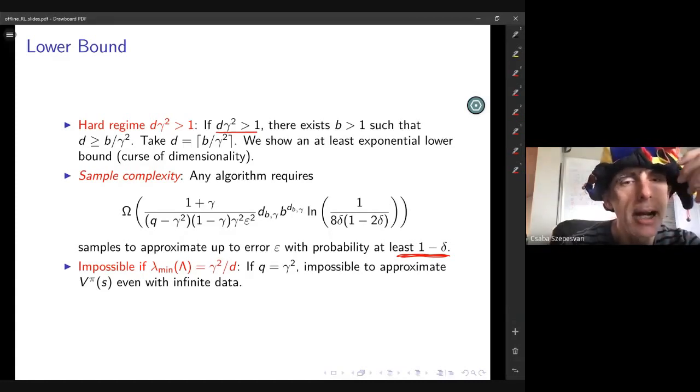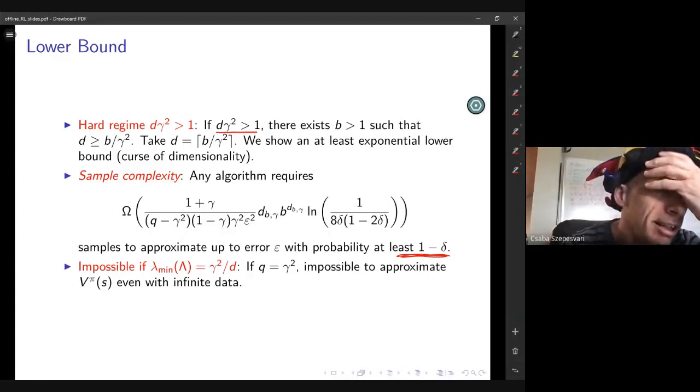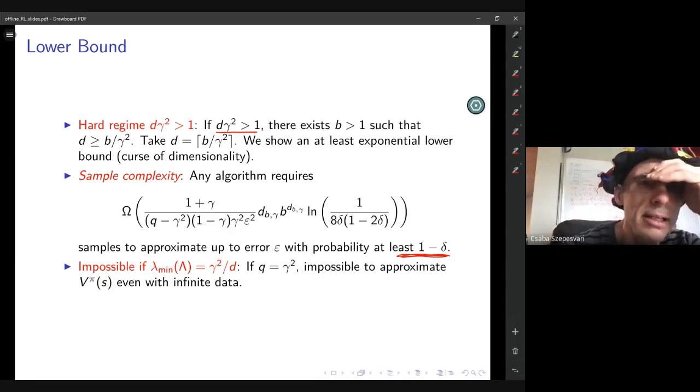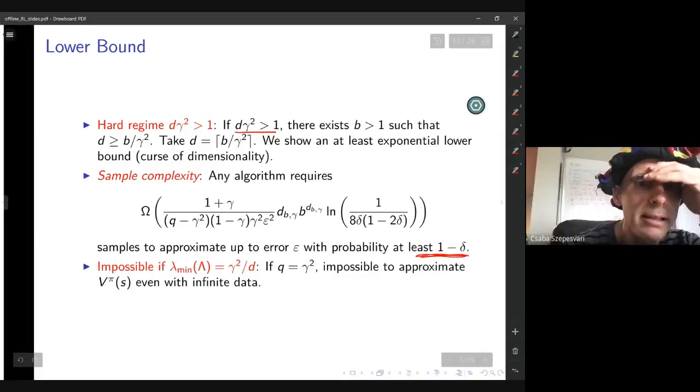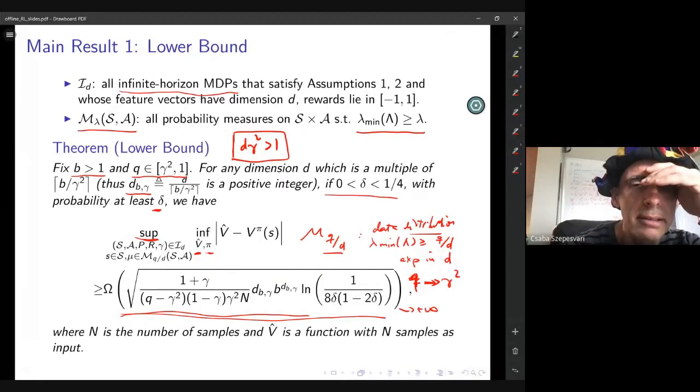And if we are on the error event, then the lower bound is high, or something. Can we go to the previous slide? Yeah. And if you are on a good event, what? I'm confused about this delta and 1 minus delta. I would expect to see 1 minus delta on both places, especially since this says with probability at least delta.